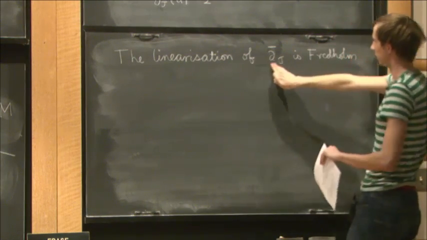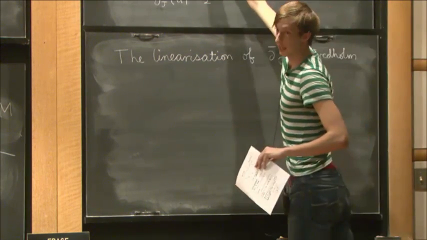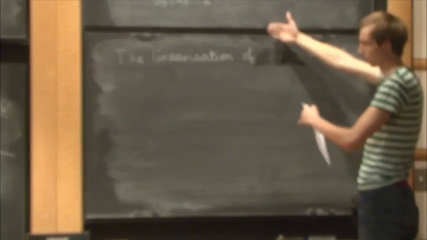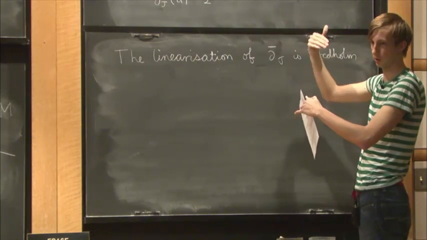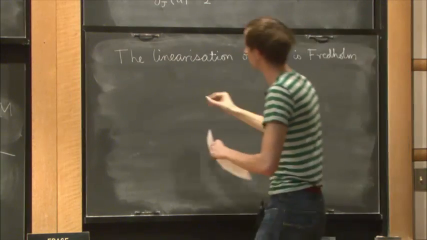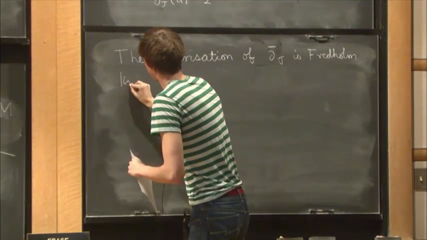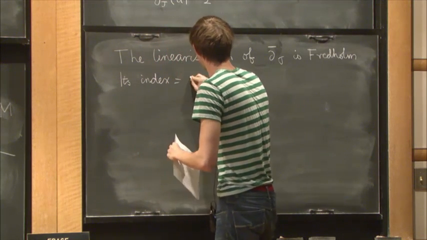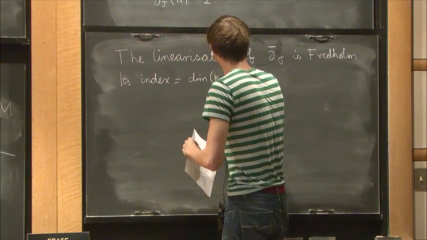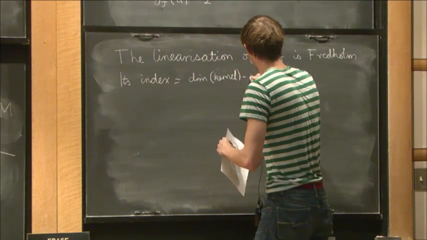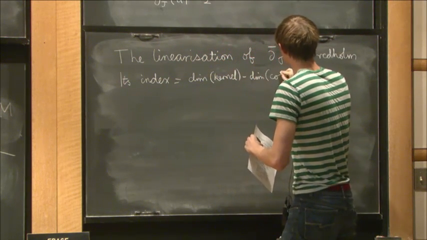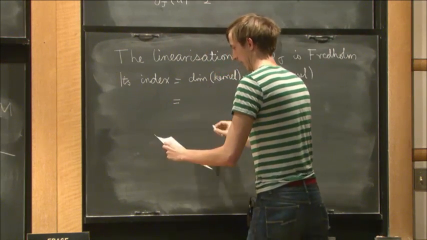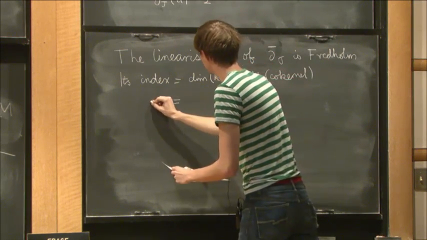So the linearization of this section up here is Fredholm, which means it has closed image and finite dimensional kernel and co-kernel. And its index, which is the dimension of the kernel minus the dimension of the co-kernel, can be computed topologically.